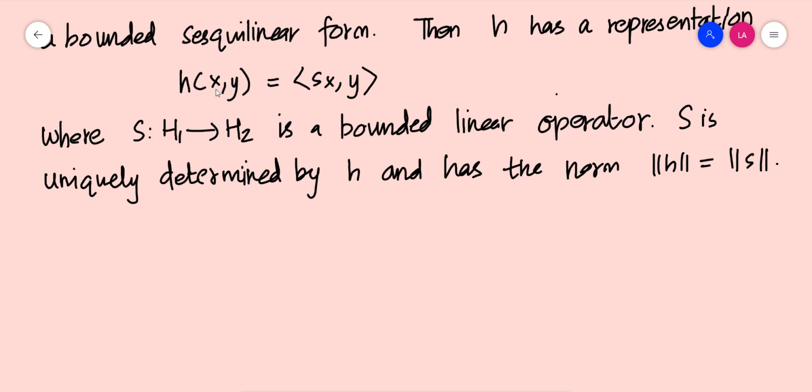A linear functional operates on a single component. So we fix some x or y, and with respect to the other component we try to make it a bounded linear functional, and then using Riesz's theorem it can be transformed into this form. This is our first objective.